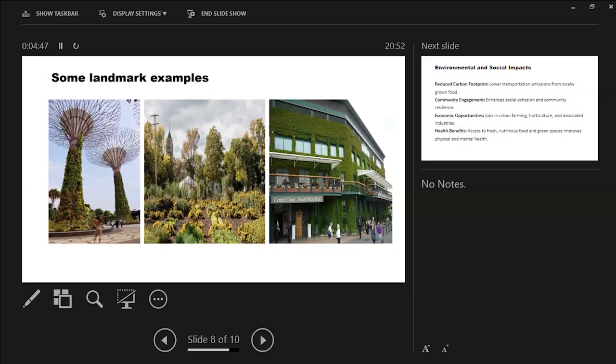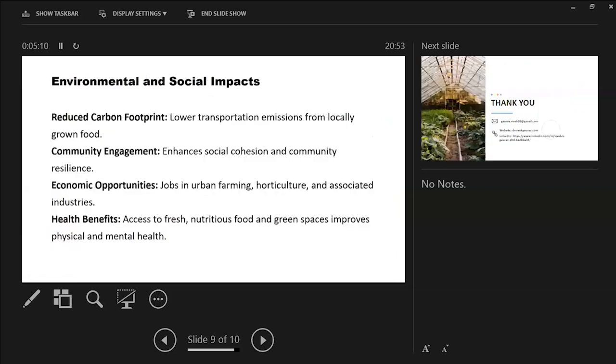The third image is from Wimbledon, and I'm not sure whether it can contribute to horticulture because it's mostly ornamental. But yeah, it's a great way to reduce the temperature and contribute to the greenery of the urban environment, urban space.